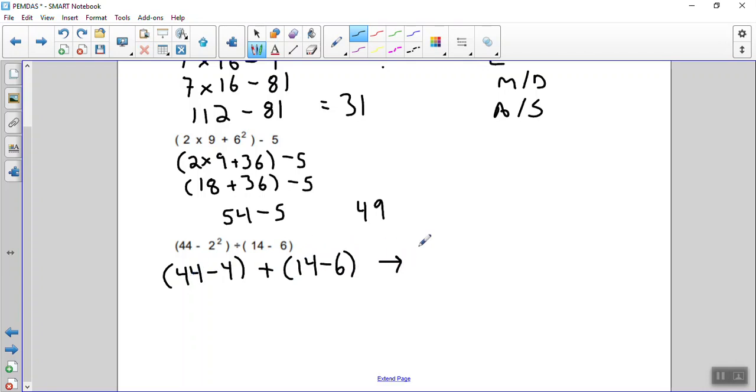So 44 minus 4 is 40. And the parentheses is gone. And then we have plus 14 minus 6. Now we do this parentheses. So 40 comes down. 40 plus 14 minus 6 is 8. So now we have 40 plus 8. And that gives us 48.